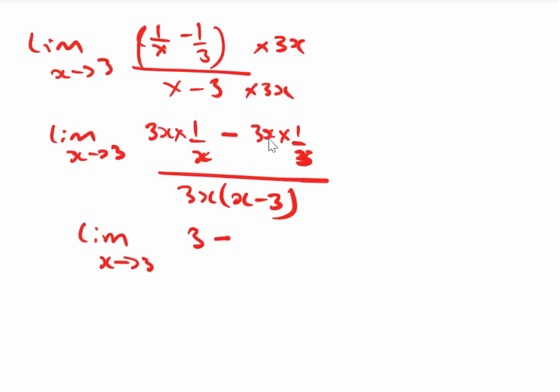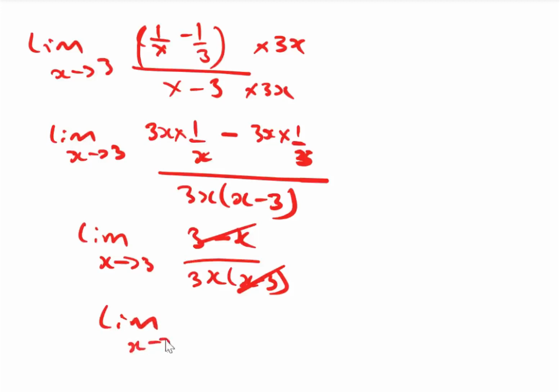So I have 3 minus x divided by 3x into x minus 3, and 3 minus x cancels against x minus 3, leaving minus 1. Then the limit as x tends to 3 is 1 over 3x. Substituting x to be 3, we have 1 divided by 3 multiplied by 3, and this is equal to 1 divided by 9. And here is the limit.